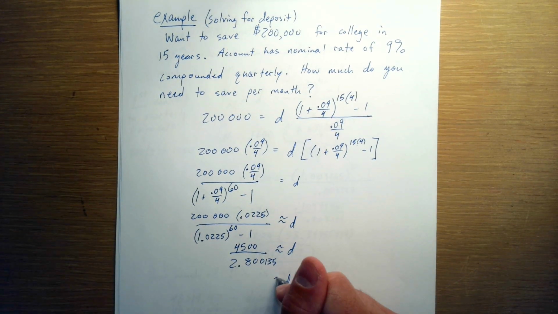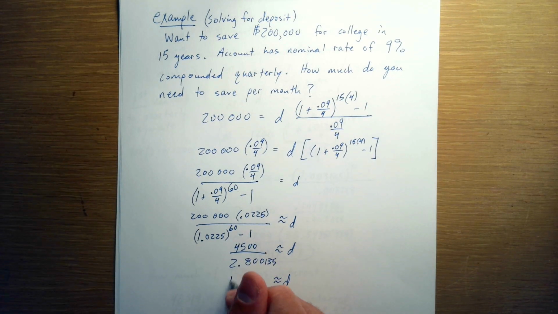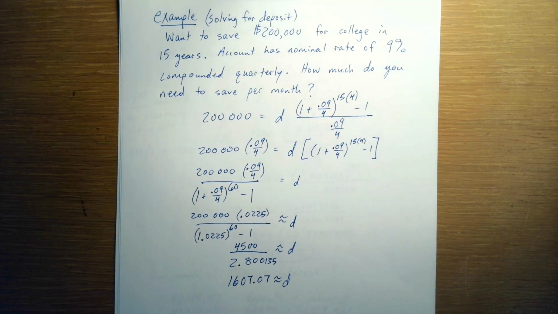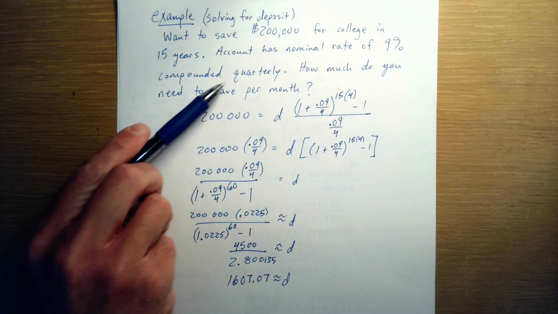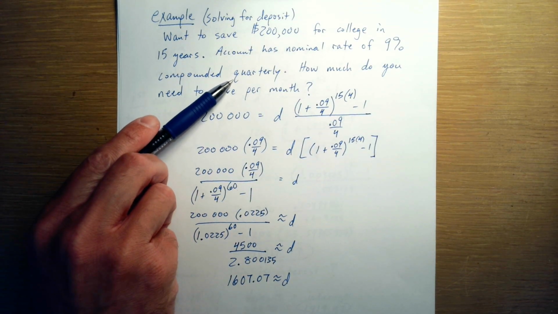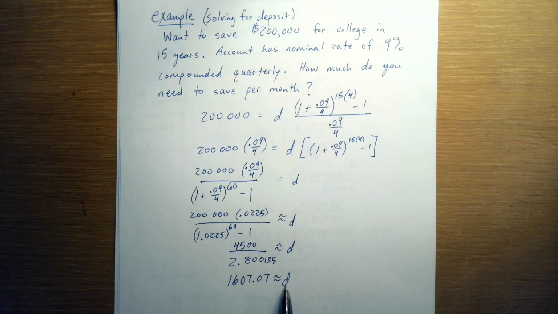So what this ends up being is D is about 1607.07. And it looks like we've solved our problem. However, this isn't quite the answer that we're looking for, because our account compounds quarterly, which means that this D is a quarterly deposit.